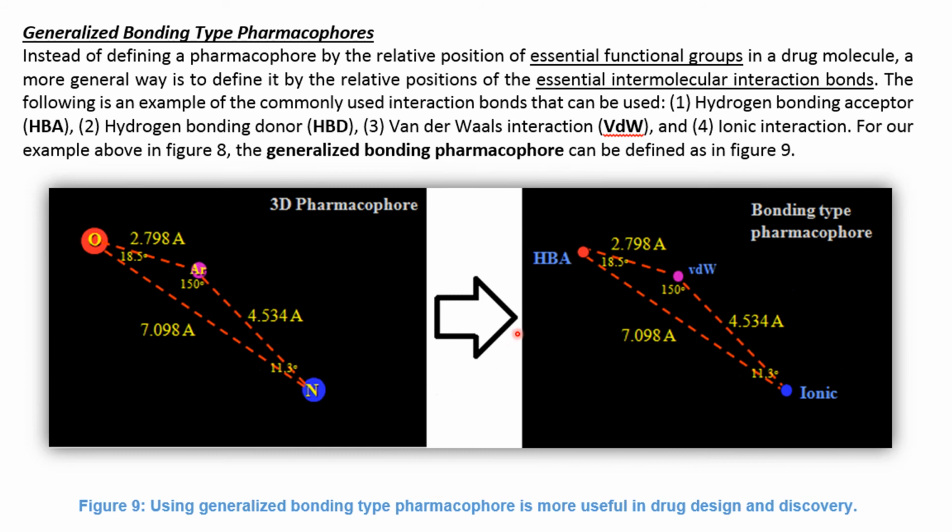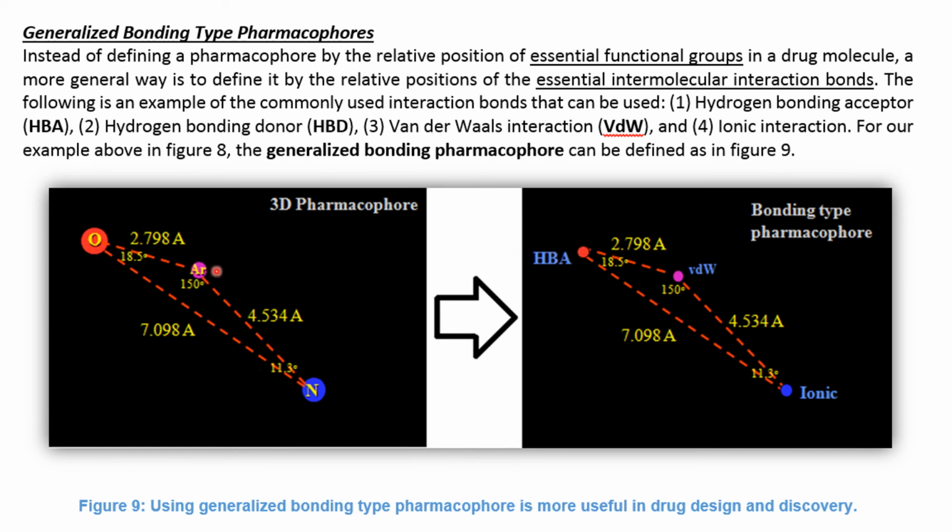There is another kind of pharmacophore called the generalized bonding type pharmacophore. In this type, we define the interactions that each of these groups can be responsible for. So instead of defining an oxygen here, we would say this oxygen is responsible for making a hydrogen bond acceptor with the binding site.